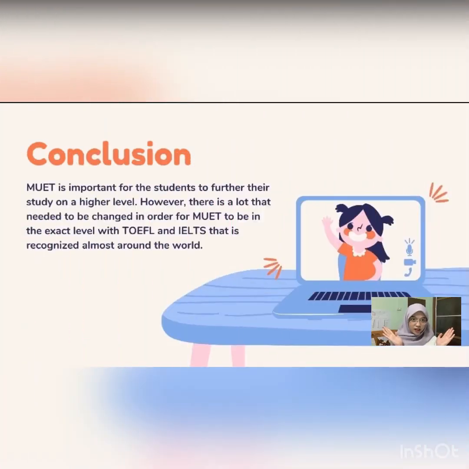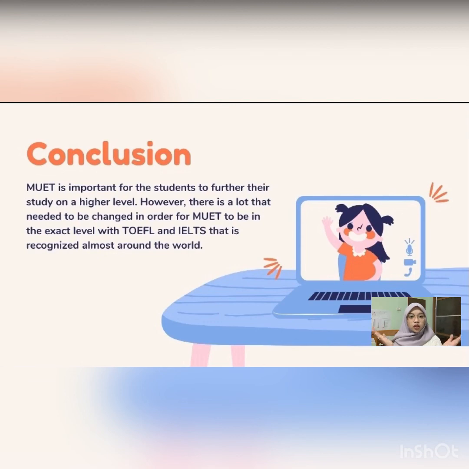For the conclusion, MUET is important for students to further their studies at a higher level. However, there is a lot that needs to be changed in order for MUET to be at the exact level with TOEFL and IELTS, which are recognized almost around the world.